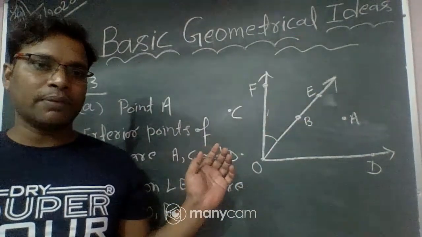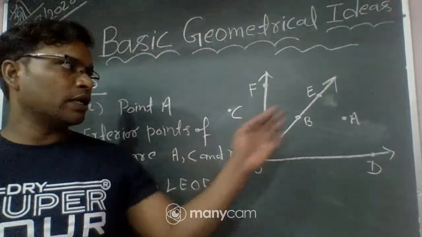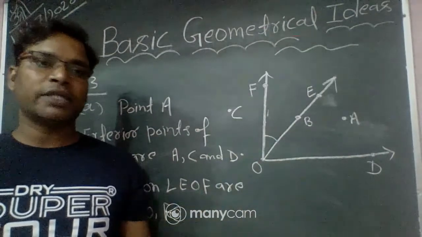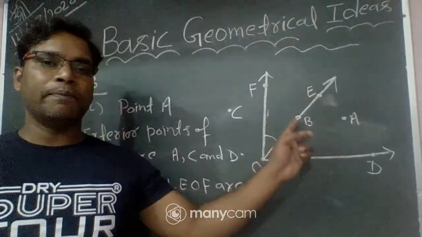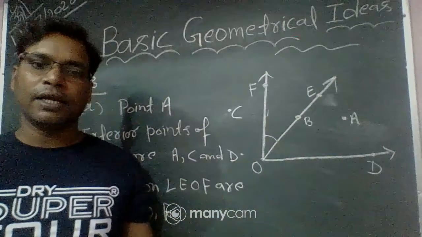So the answer of on angle EOF: points on angle EOF are E, B, O, and F.